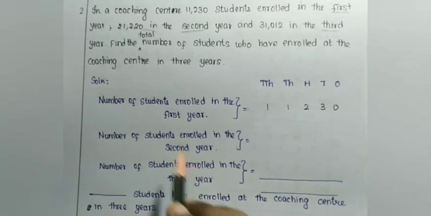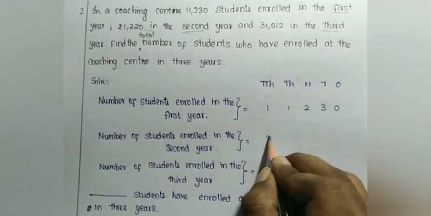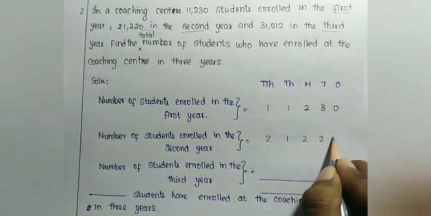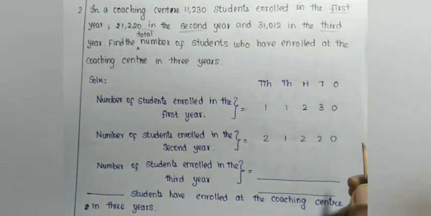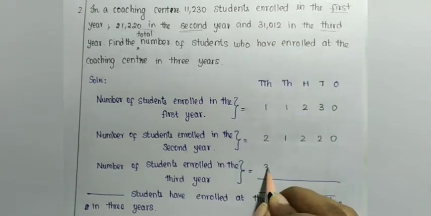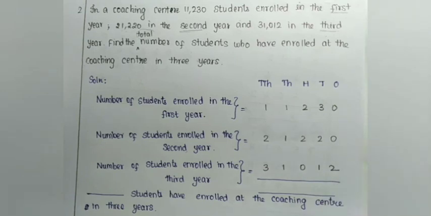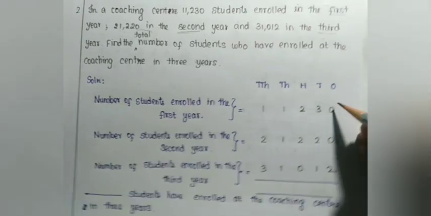In the second year, it is 21,220. And in the third year, it is 31,012. So let's add the numbers in the ones position.